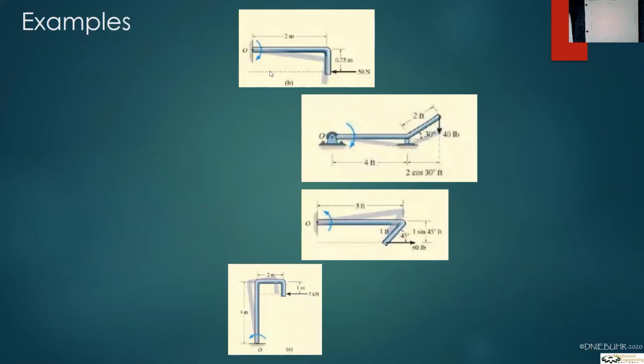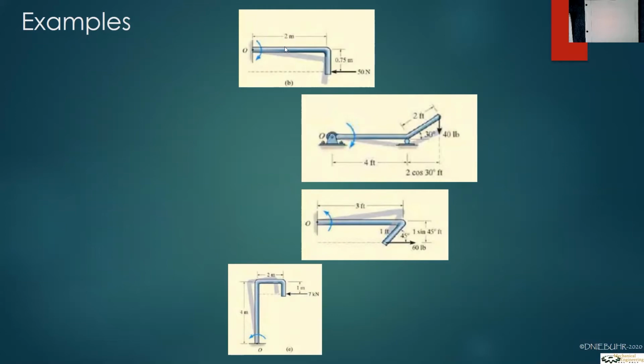If we look at this first one, we have 50 newtons, and we want to figure out the torque about O. This is a good example of transmissibility of the force, because sometimes you'd be tempted to think that this 2 meters has some influence on the torque.